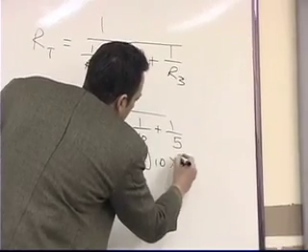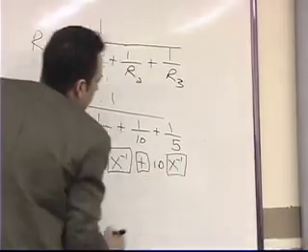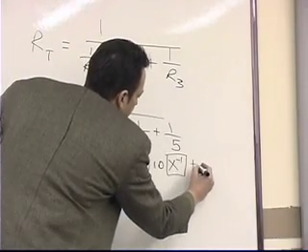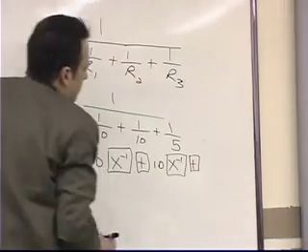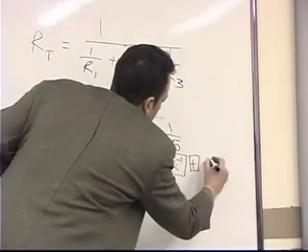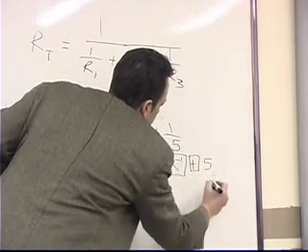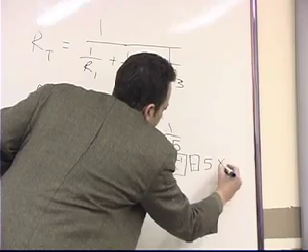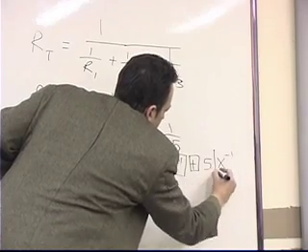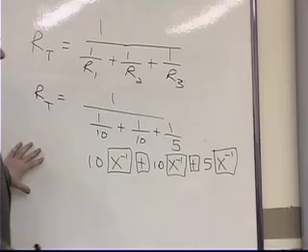Then you press the plus key. And then you put in 5 and you press x to the minus 1. That's a button on your calculator.